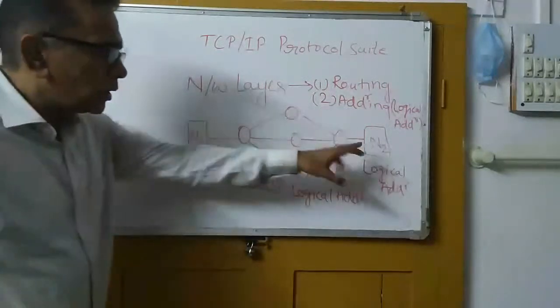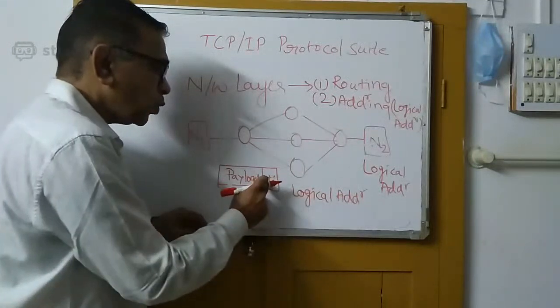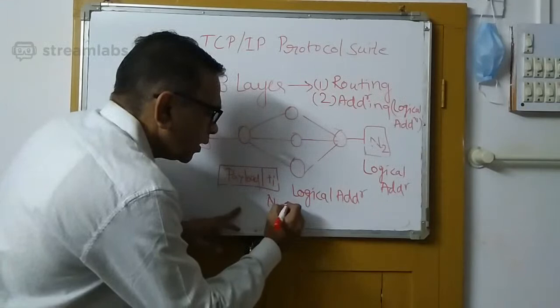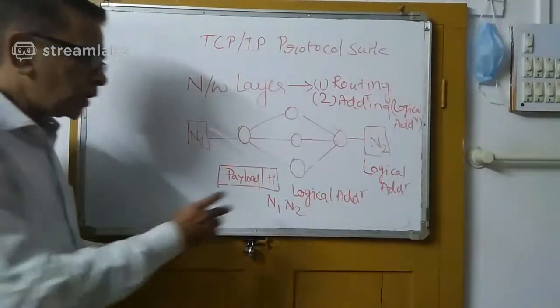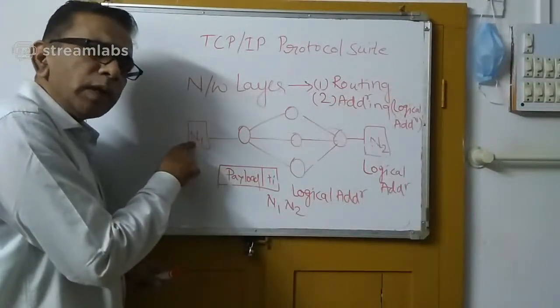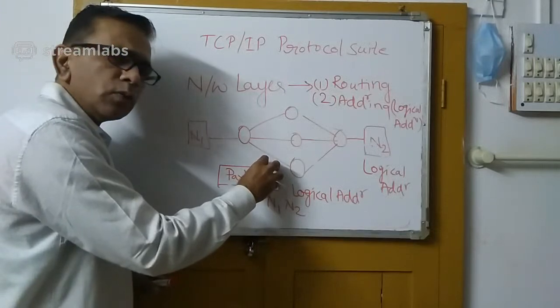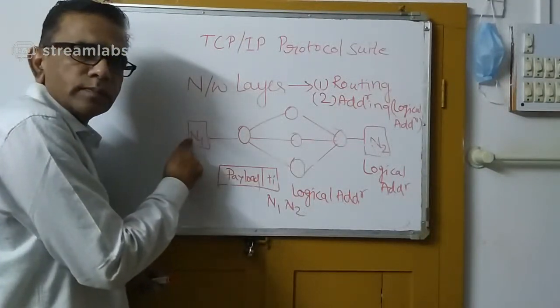Clear? To reach the destination. Now, this particular address which is put over here, which address are we putting? The logical address of N1 and the logical address of N2. This particular address is generated by whom? N1. These are the things which are put into this message by N1.